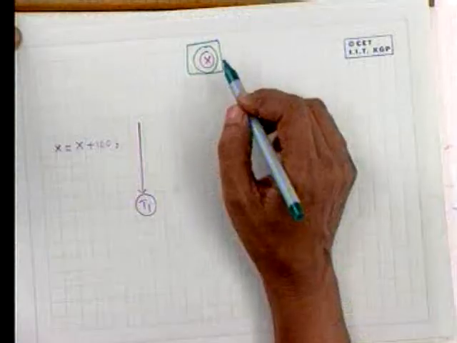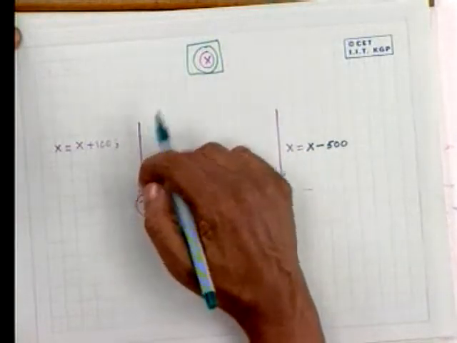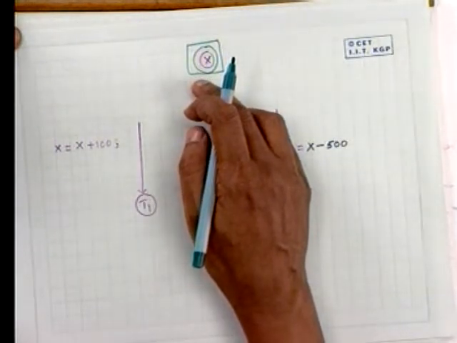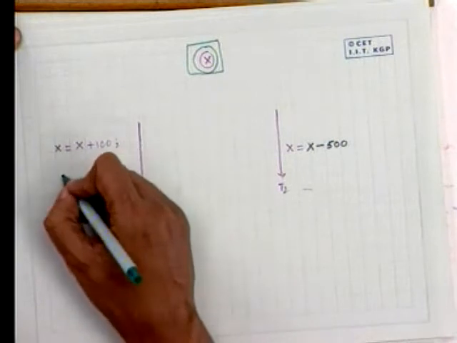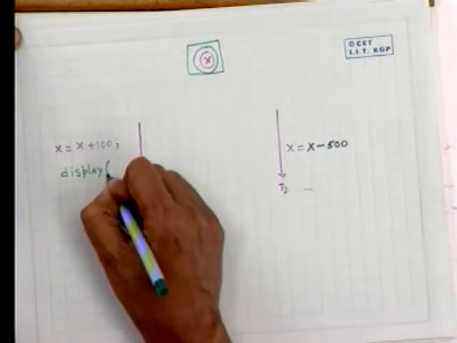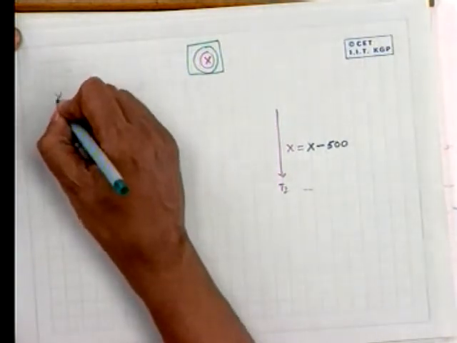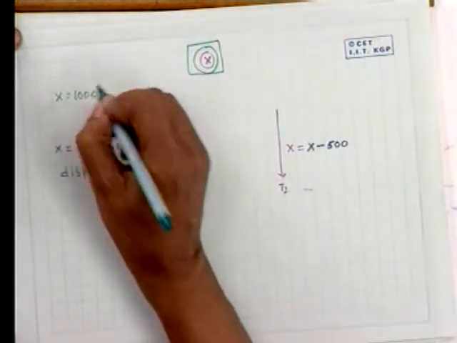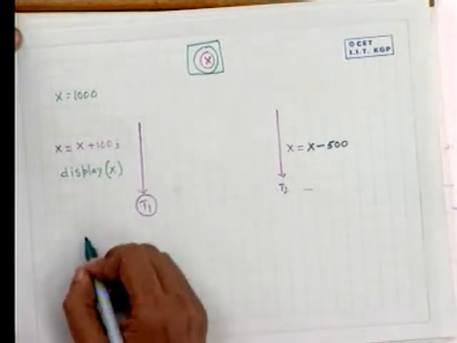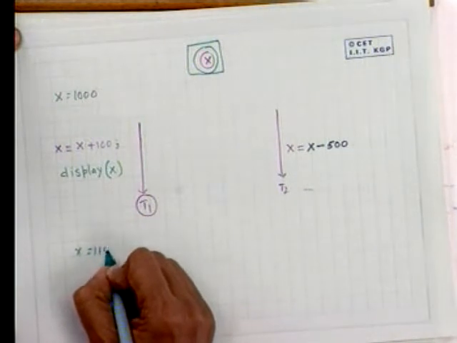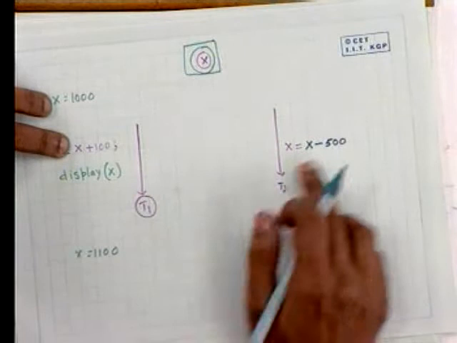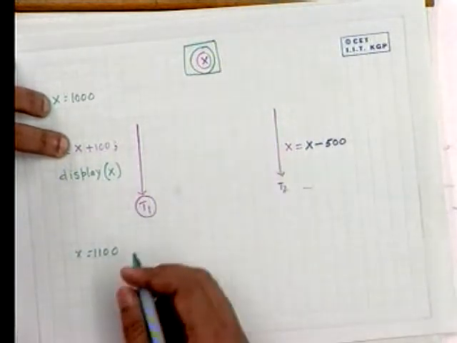Otherwise, when this thread has deposited 100 rupees and later during its execution tries to display x, it will find that, say if x was originally 1000 rupees and in between the other one is executed, instead of seeing x equal to 1100 rupees, which is what this thread expected, it will find that x becomes 600 rupees.